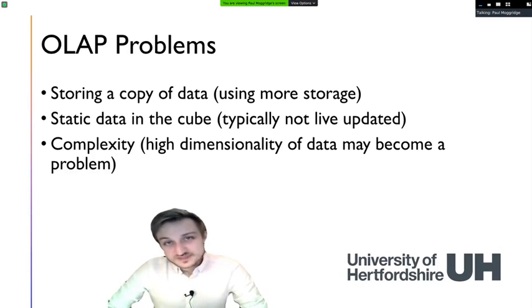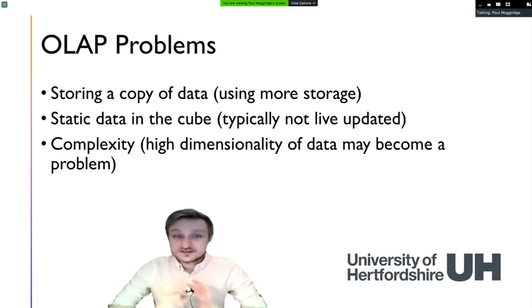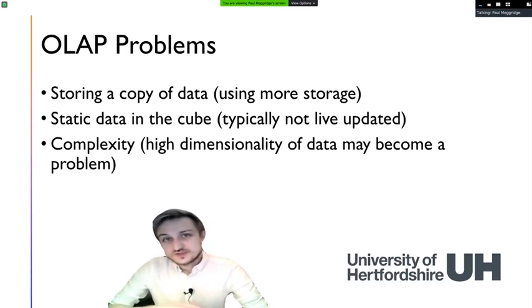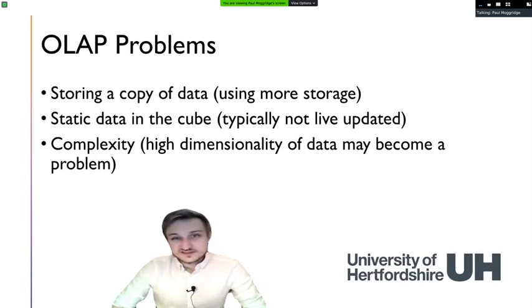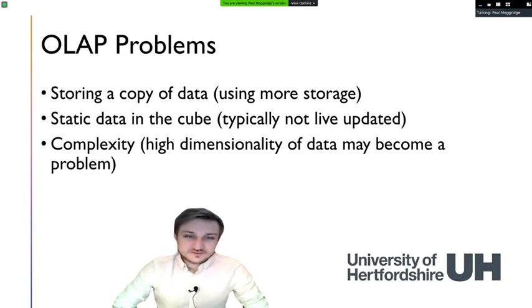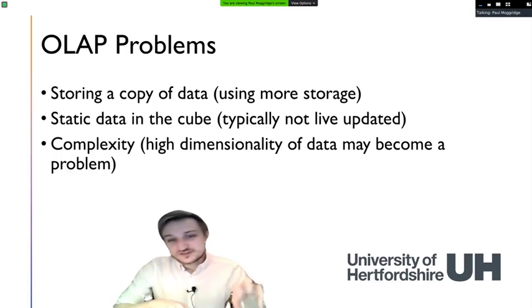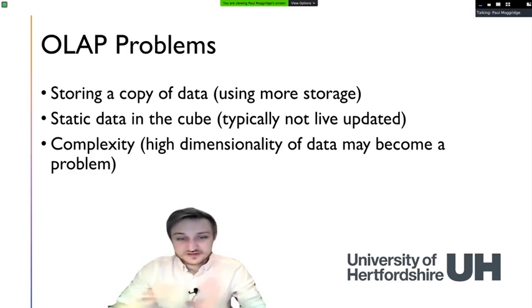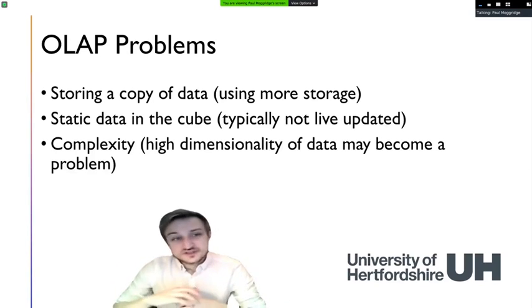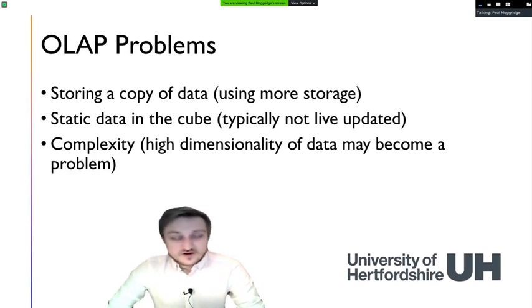But your data warehouse is maybe only getting updated once every so many weeks or months. So that means that your analysis may be somewhat out of date. Also, there's the complexity and the effort involved in building a data warehouse. Extracting, transforming, and loading all that data into a data warehouse takes time, and then using those OLAP operations effectively takes some skill, and a data scientist or a business analyst to make use of the data warehouse or data marts.